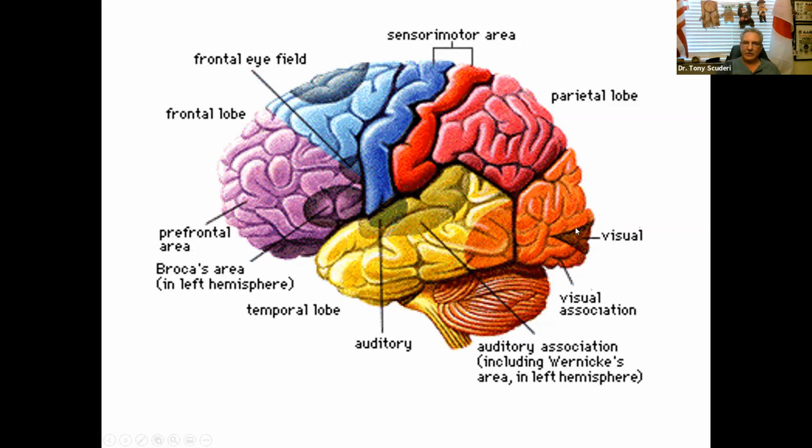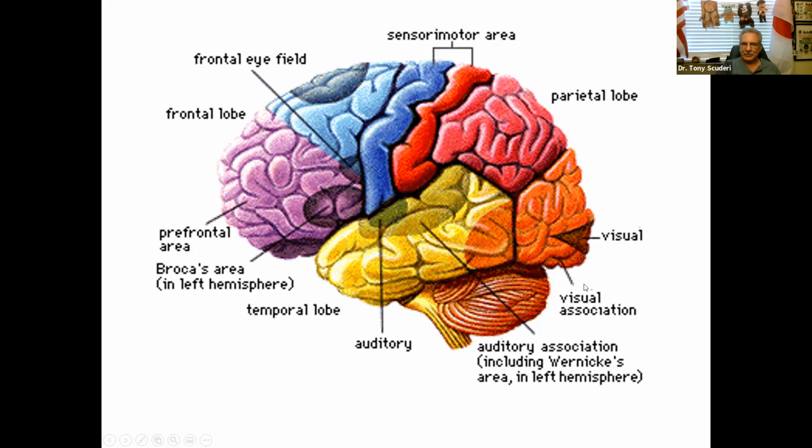We see the parietal lobe, the visual association cortex where we see things. We see the auditory cortex here, Wernicke's area in the left hemisphere. We see Broca's area here in the middle section of the brain, right behind the prefrontal cortex. We got the prefrontal cortex here, the frontal cortex here.